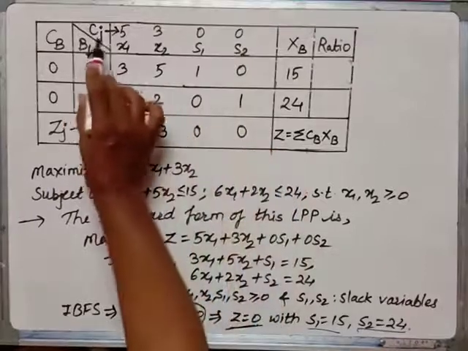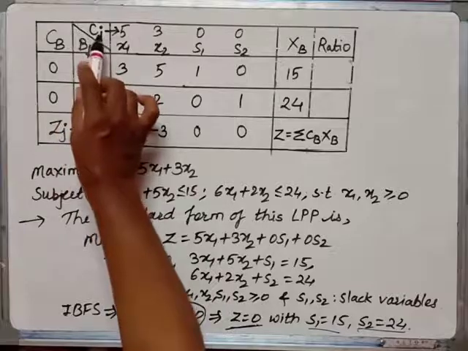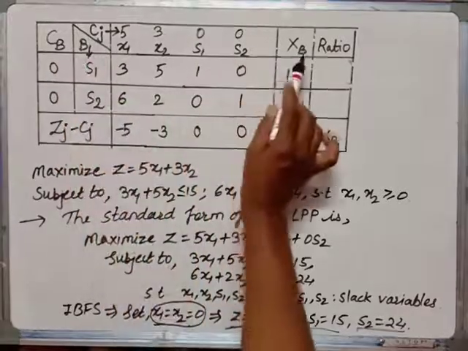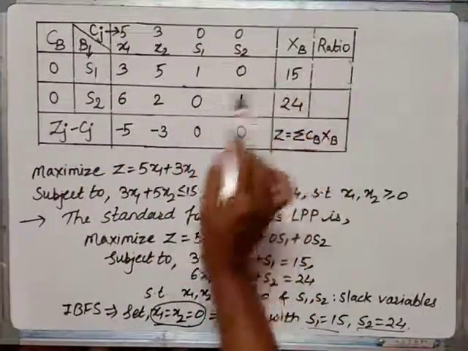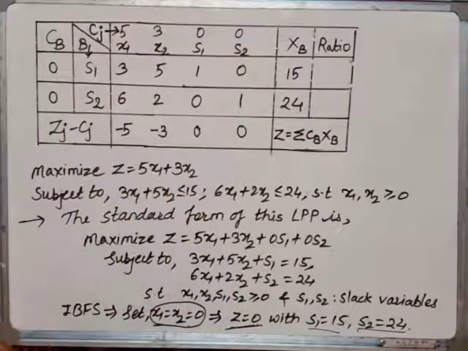Now let me write the meanings of all those things, that is Cj, CB, B, XB and Zj minus Cj. Let me write them in detail.